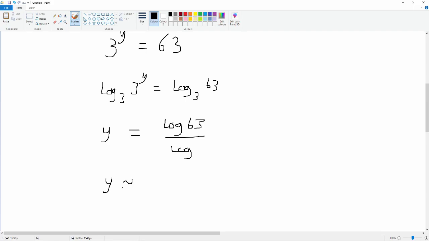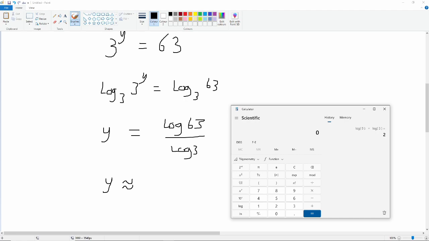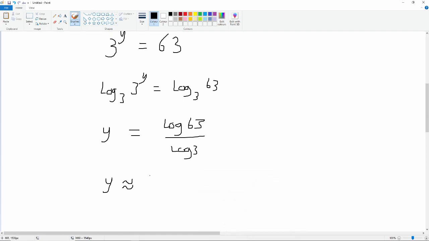Instead of saying equals, I use this wavy equals, which means approximately equal to, because I know this is not going to come out as an easy integer number. So we've got 63 log divided by 3 log, and that's equal to 3.7712437 whatever. Let's just round that off to 3.77.